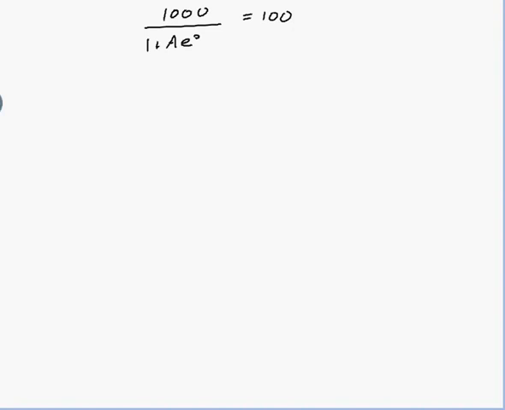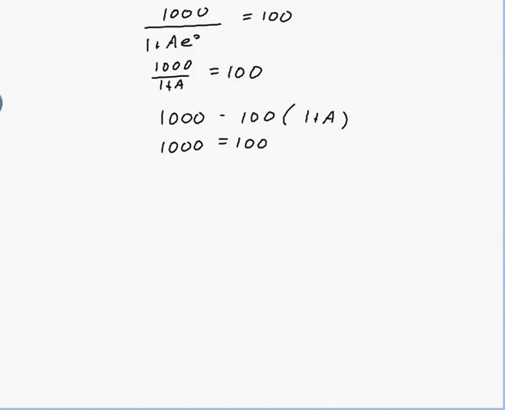But of course e^0 is 1, so we get 1,000/(1 + A) = 100. So we get 1,000 = 100(1 + A), multiplying both sides by 1 + A, which is 1,000 = 100 + 100A.